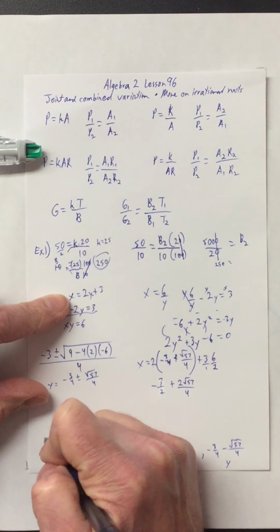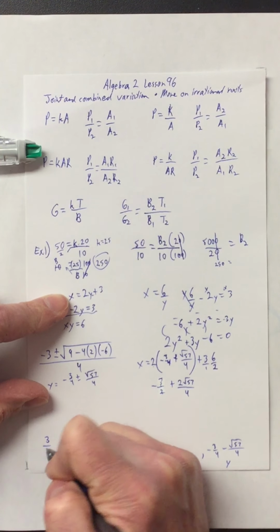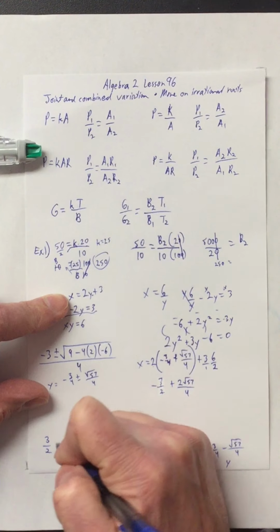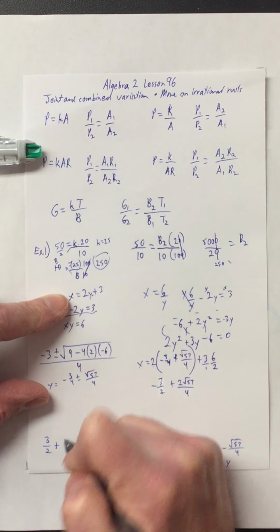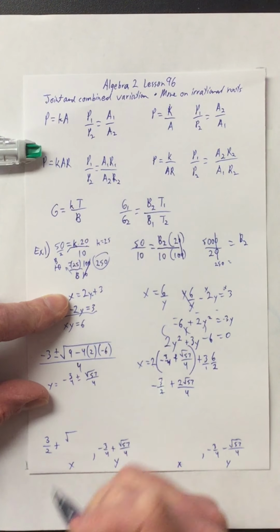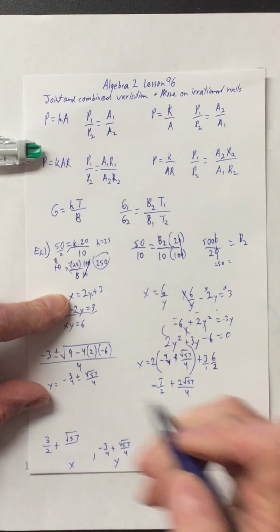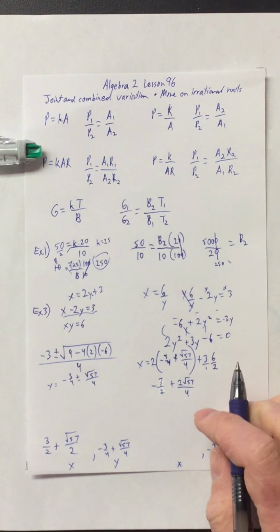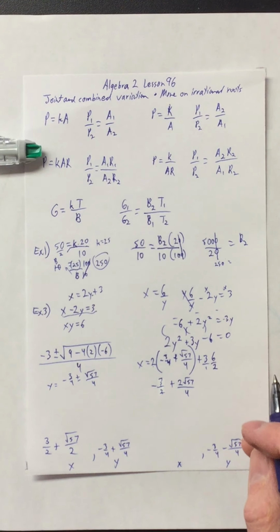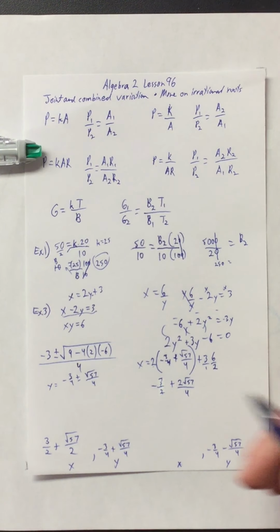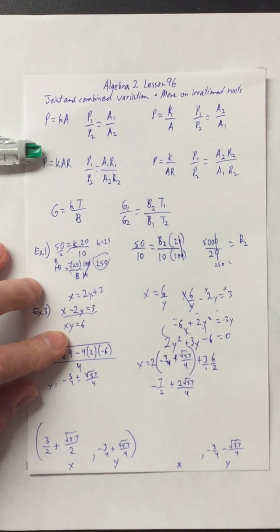I'll start writing it down here as my answer. We get a positive 3 over 2, and then plus, and then this 2 and the 4 can reduce to 1/2, so 57 over 2. All right, and that is the answer you see there in the book. So we got one answer here.